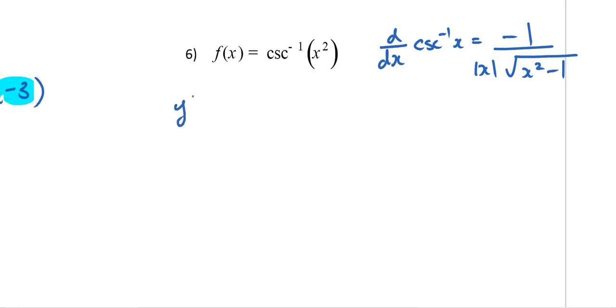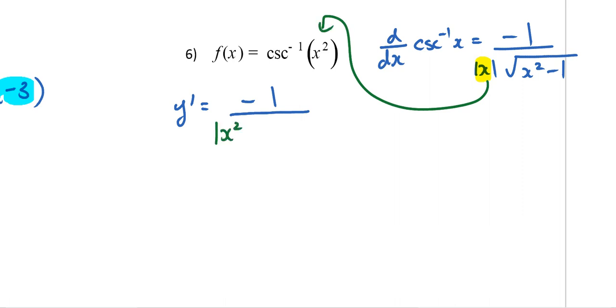So y prime equals -1 divided by the absolute value of x. What is x here? Well, this corresponds to that, so it's the absolute value of x squared times the square root of x squared, again, minus 1.